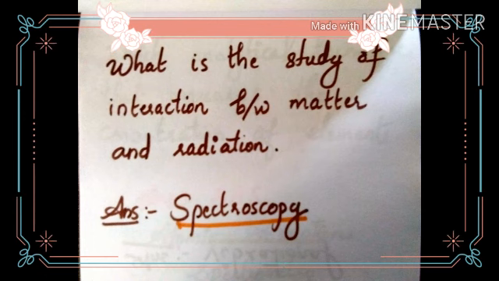Spectroscopy. So this is a basic question. We have to understand the basic questions also. In spectroscopy we study infrared, UV, mass spectroscopy, AAS. So first of all, spectroscopy means an interaction between matter and radiation.